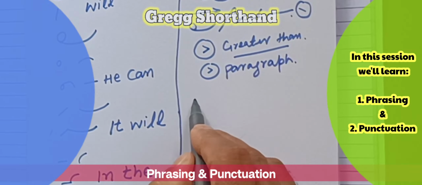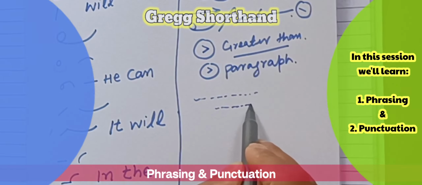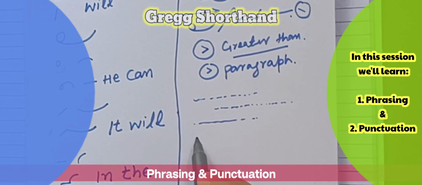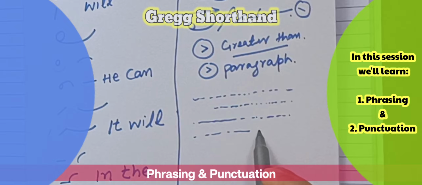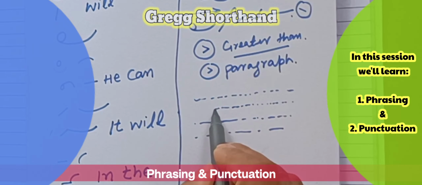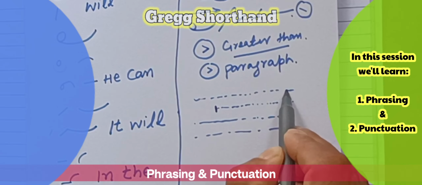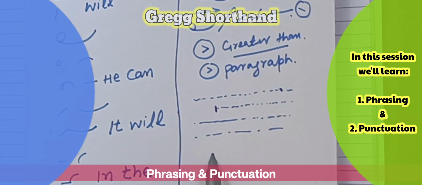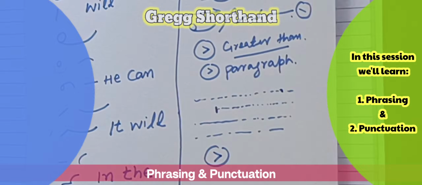For example, this is something we write in English and then we start a paragraph over here. Now you know that this paragraph starts over here and the previous sentence ends here. So when writing Gregg Shorthand, if you write this, it means that a paragraph starts.